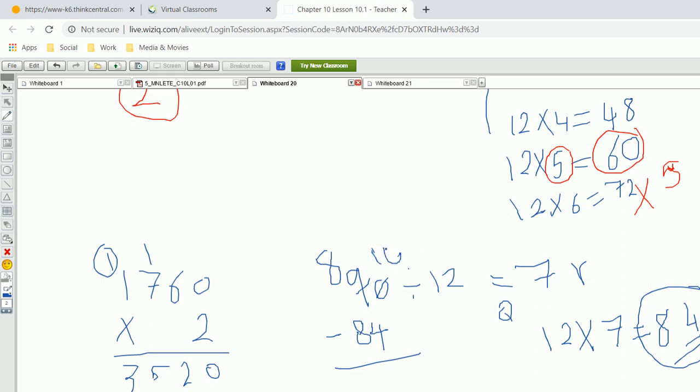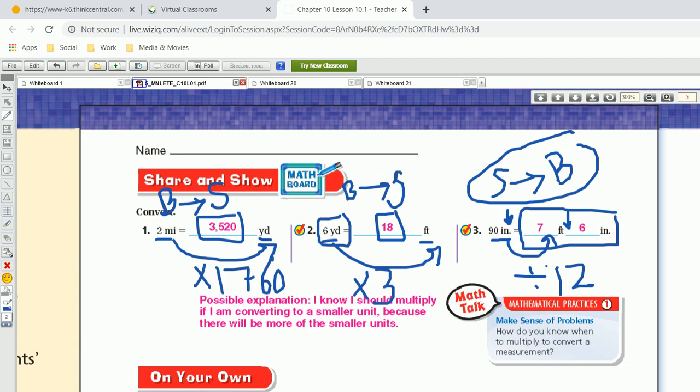After that, 10 minus 4 equals 6, so the remainder is 6. So here we have 7 feet, which is the answer, and the remainder is 6 inches.